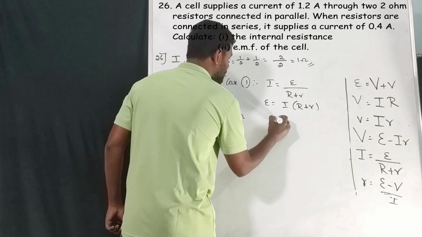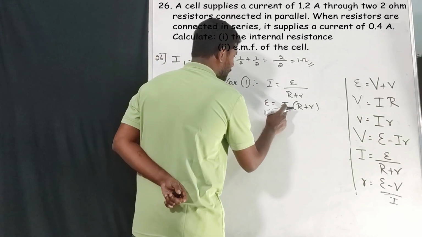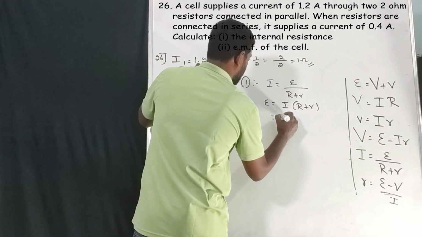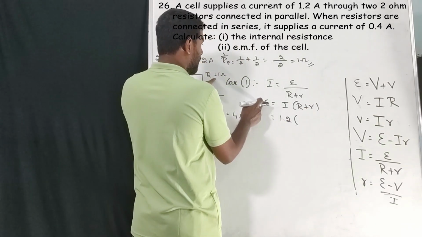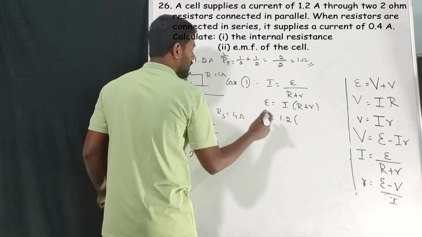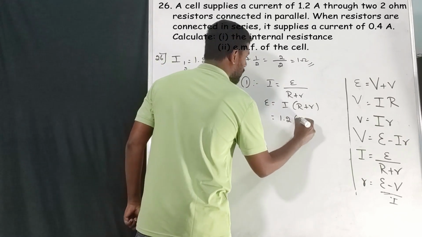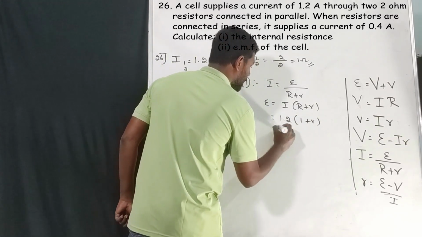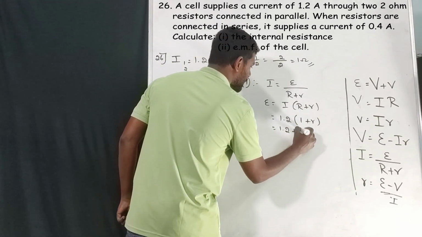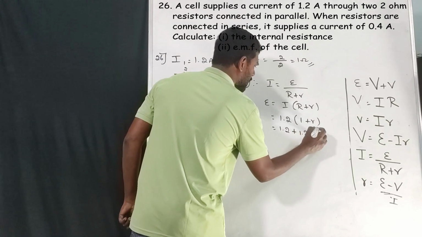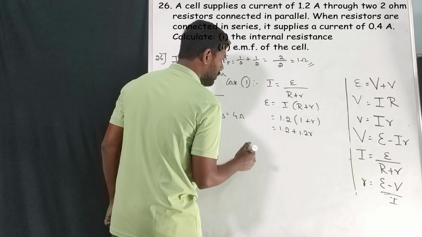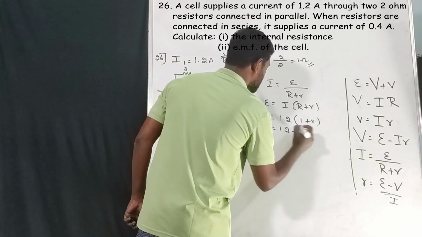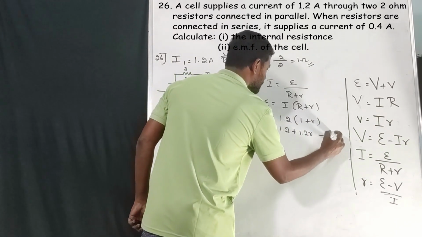Here the value of current is given, that is 1.2, and the resistance we have for case 1 is 1 ohm plus r. Multiply these, 1.2 plus 1.2 r. Multiply 1.2 both times, then you will get this equation. So EMF is equal to this, equation 1.